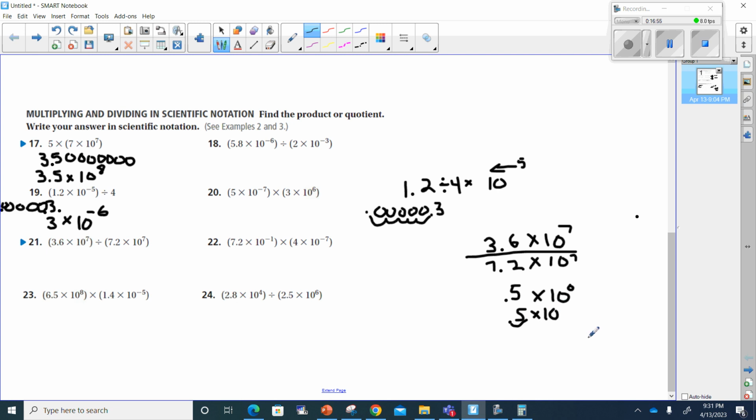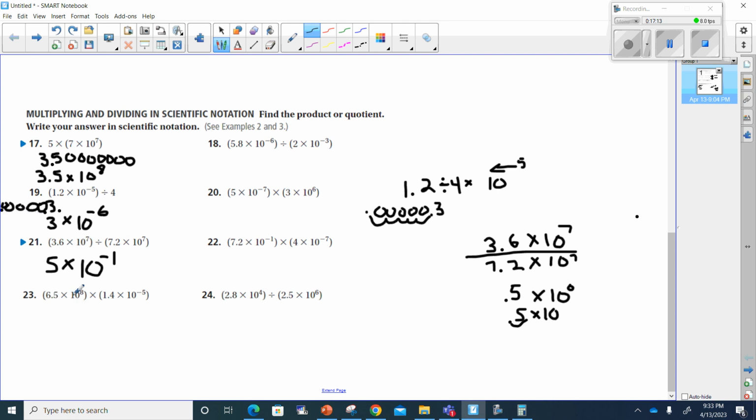I'm thinking it's going to be the negative 1 power. In fact, I'm positive that it will. So this is going to be 5 times 10 to the negative 1. Yeah, that's right.